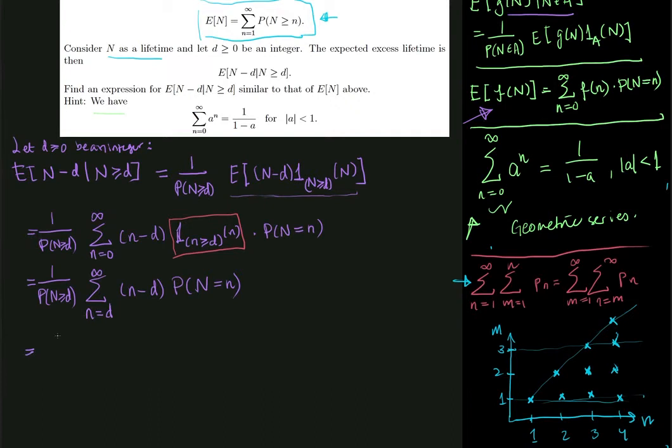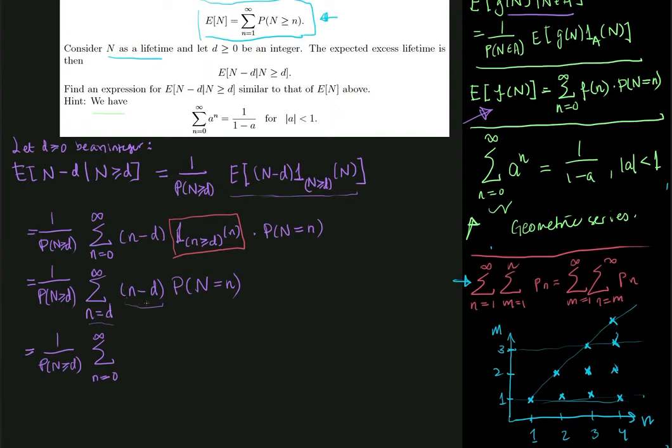So what should we do if we want to sum from 0 up to infinity? Well, if we want to change the index down here, then we need to change the content of the sum accordingly. If n is equal to d up here, then this term is equal to 0, right? And if n is equal to d plus 1, then this term is equal to d plus 1 minus d, which is 1.